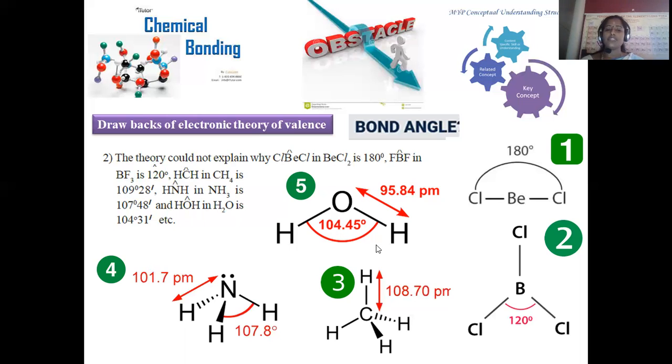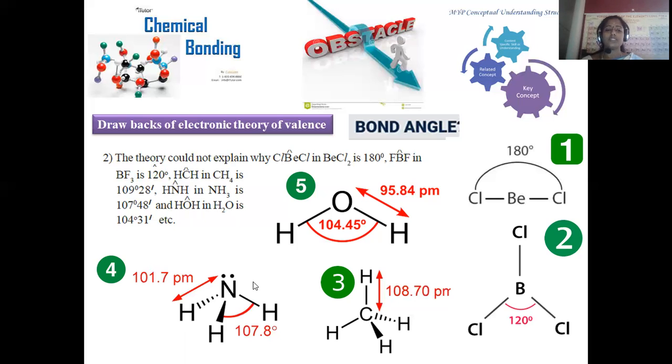That's the reason we say it is a bent geometry rather than exactly a tetrahedral shape. Here we can clearly observe repulsions between the lone pairs of electrons, and the bond angle is reduced to 104 degrees 45 minutes.